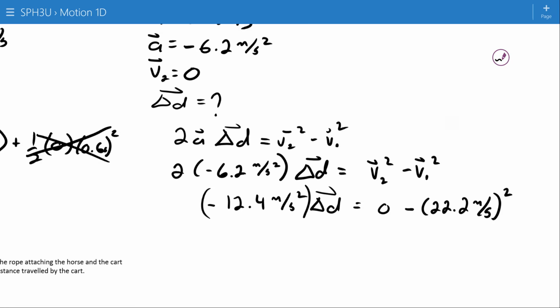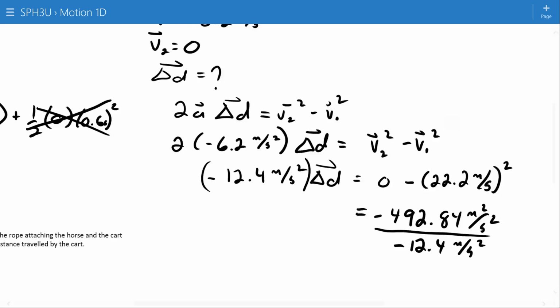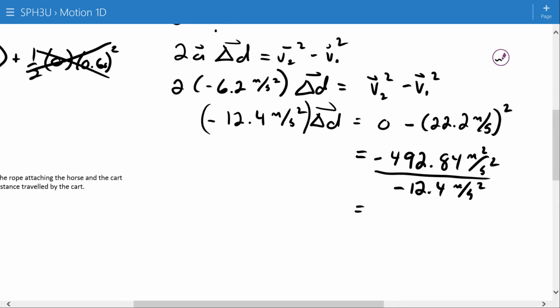And so 22.2 squared is 492.8 meters squared per second squared, negative, divided by negative 12.4 meters per second squared. So it's going to take 39.7 meters.